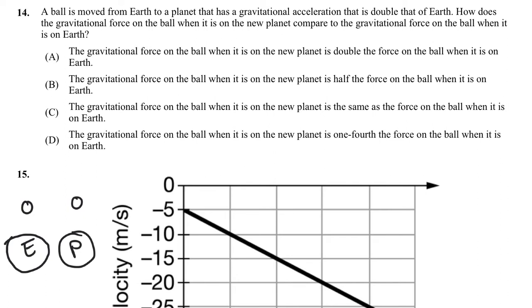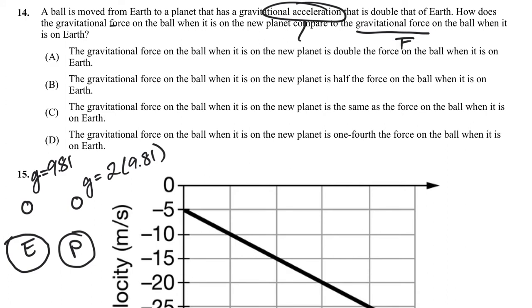So we know that with Earth, acceleration is the acceleration due to gravity, 9.81, but on this new planet, gravity would be double, so 2 times 9.81 essentially. So what happens to the gravitational force? I'm going to label that F. Gravitational acceleration, that would be acceleration due to gravity, so a of g, or it would just be g.